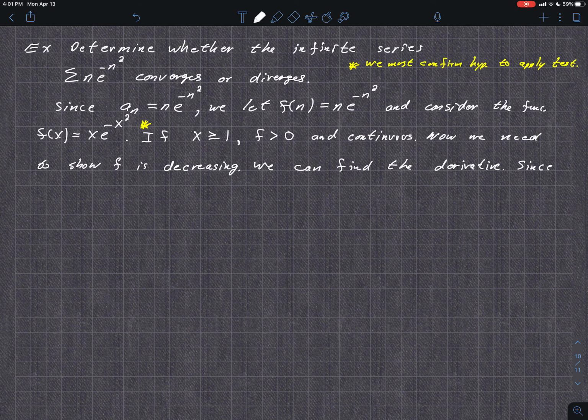So f prime of x is equal to, and then you have to do product rule on that.